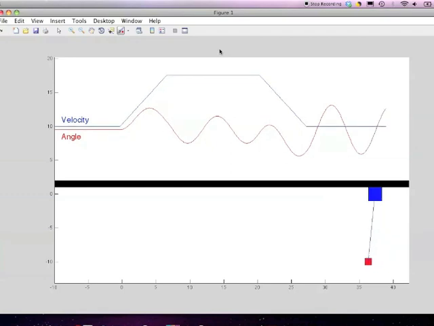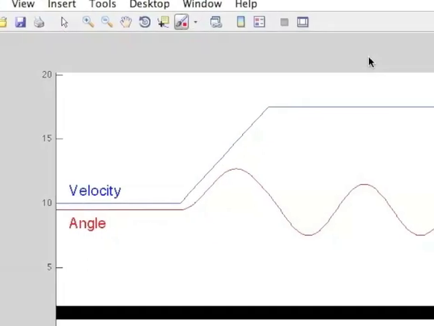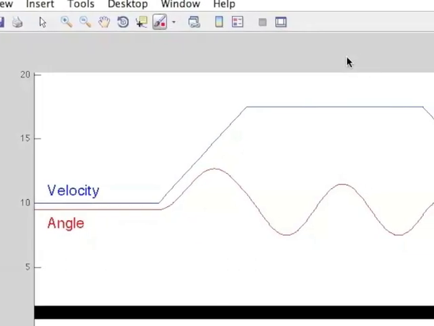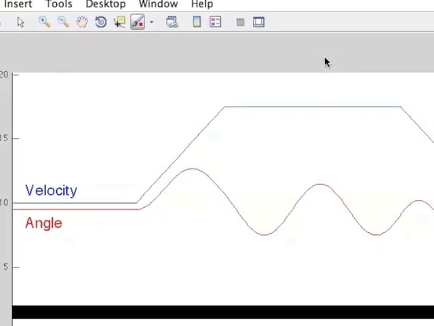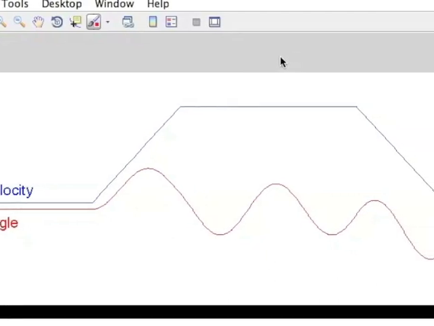You'll note that there's considerable swinging when the trolley has stopped. Note that the swinging is initiated right at the start of the motion, when the trolley is first accelerated.